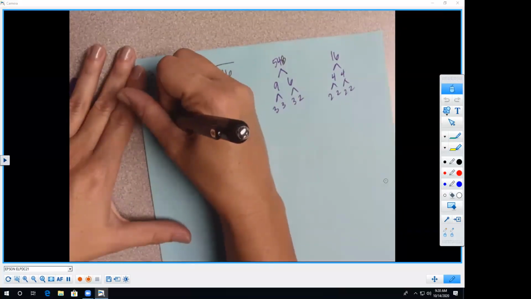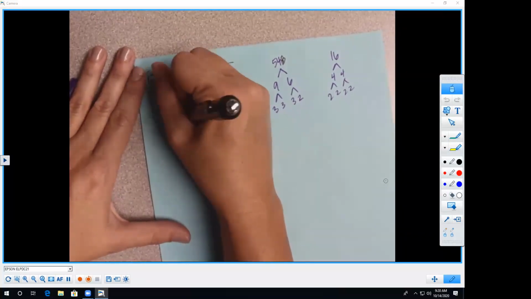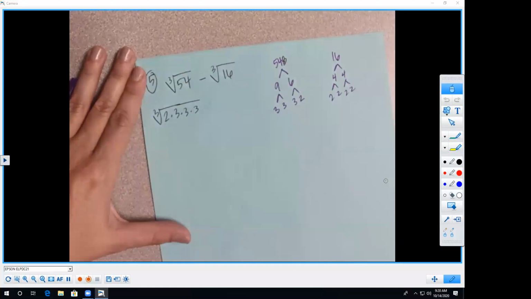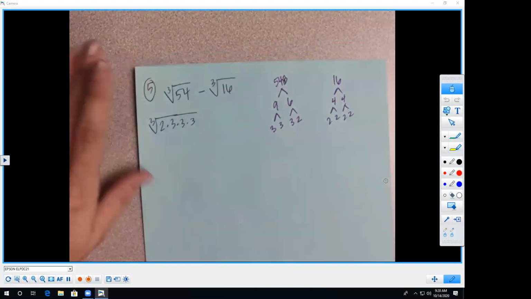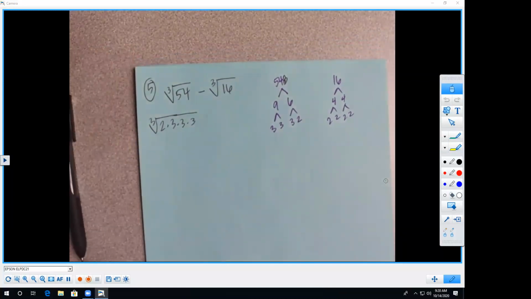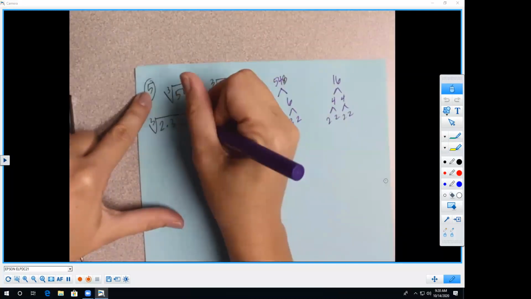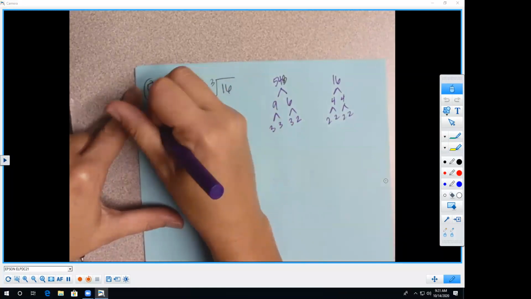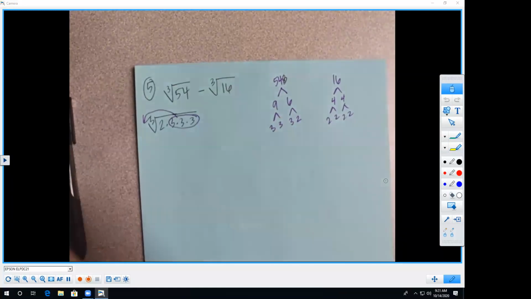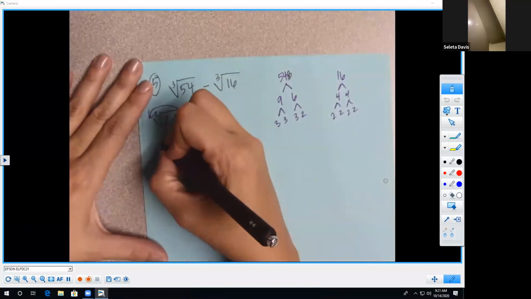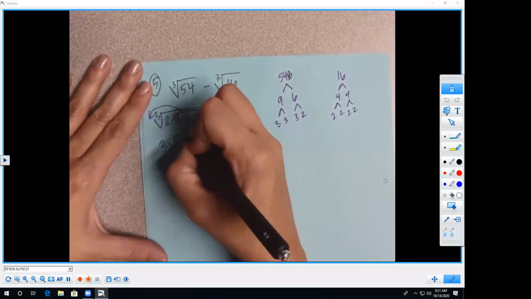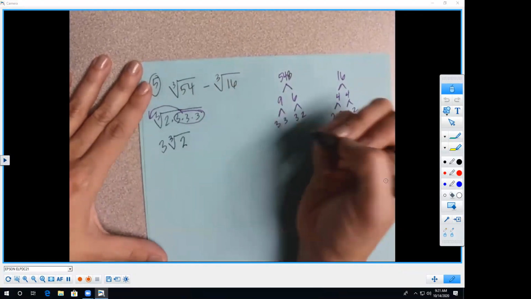So for 54, I got 2 times 3 times 3 times 3. We're taking out groups of 3 here because it's the cube root. In this case, I have 3 3's I can pull out and put out front. So it's going to be 3 times the cube root of 2.